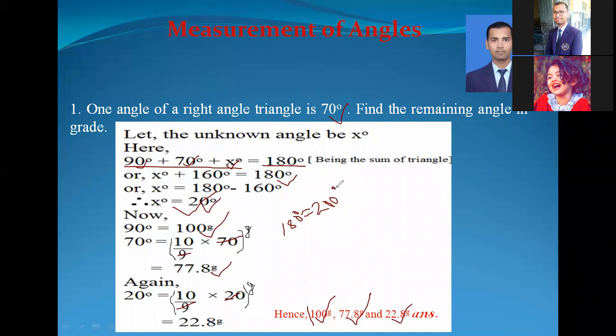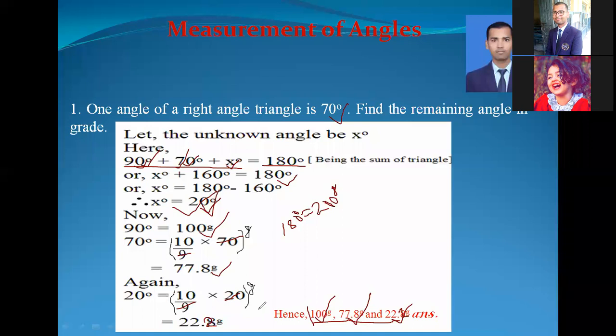So look here, students. After adding 90, 70, and the third angle 20, we got 180 degree, which is equal to the sum of 100, 77.8 and 22. Sorry, there would be 22.2, not 8. 22.2 grade, not 8.